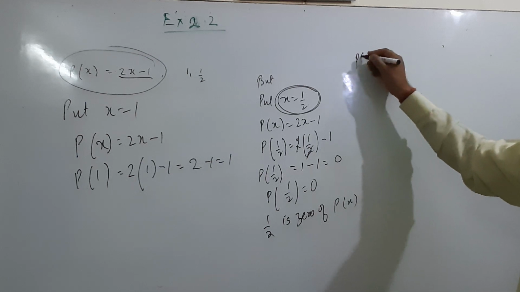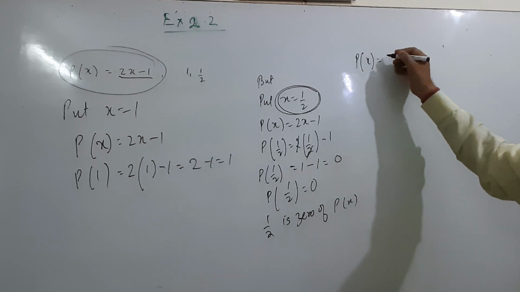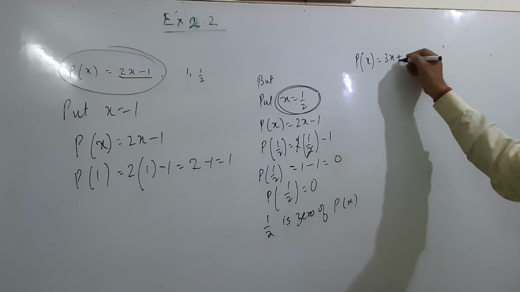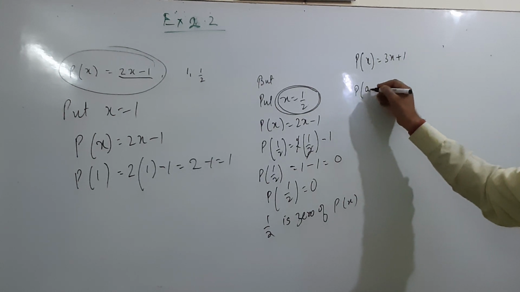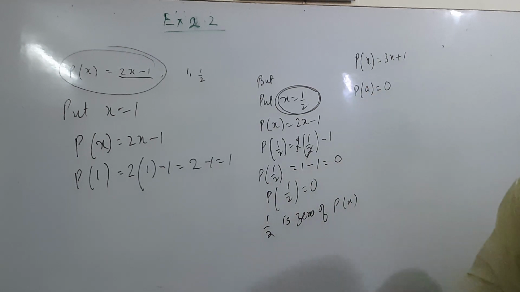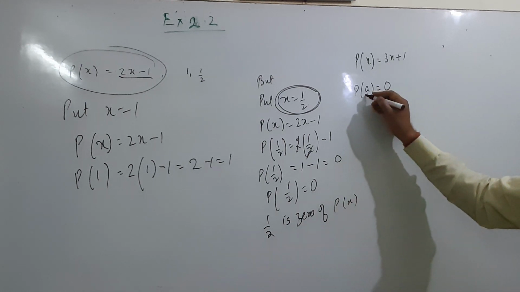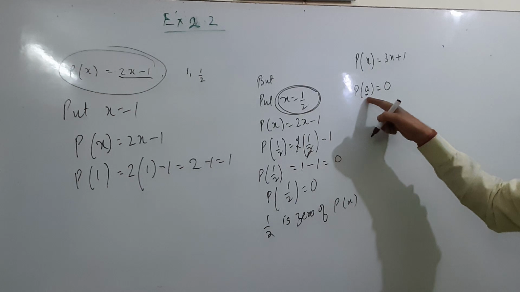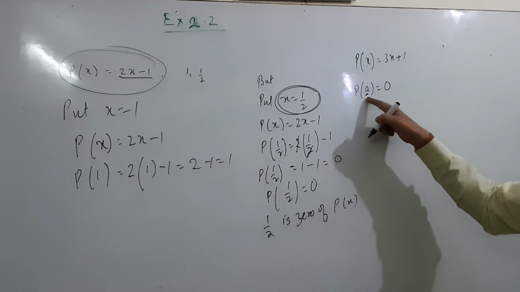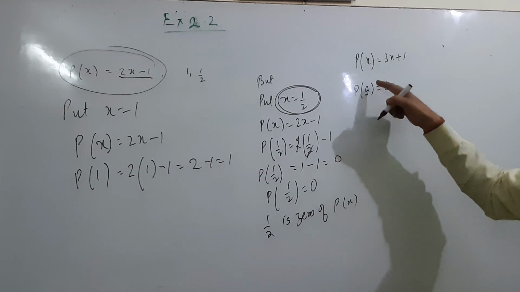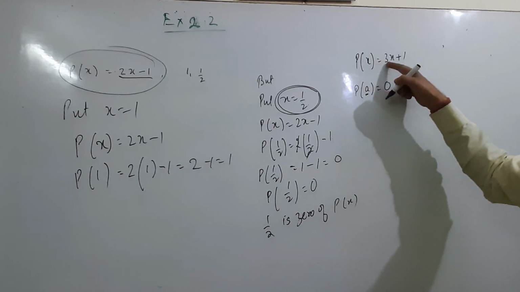If I ask p(x) equal to any expression, say 3x plus 1, if p(a) equal to 0, then a is the value of x which, when put in p(x), will be equal to 0.